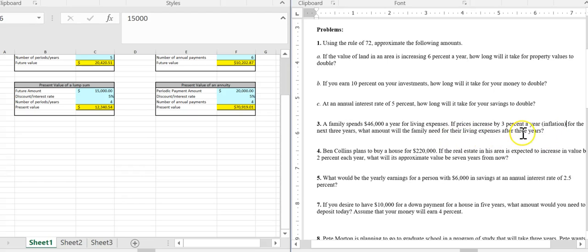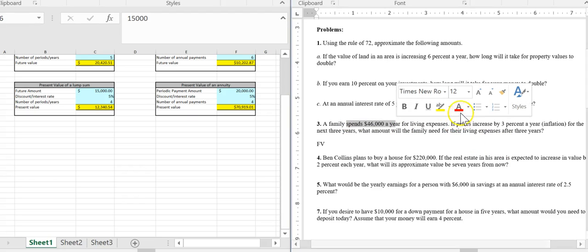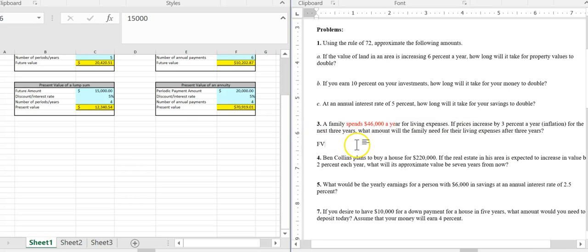Okay, need for their living expenses after 3 years. 3 years, future value. Again, 3 years from now. $46,000 a year. So since it's a year, each year it's going to be an annuity. So now you're going to key in your information. I'm going to actually post answers to this for the problems. But that's the table, future value of an annuity.